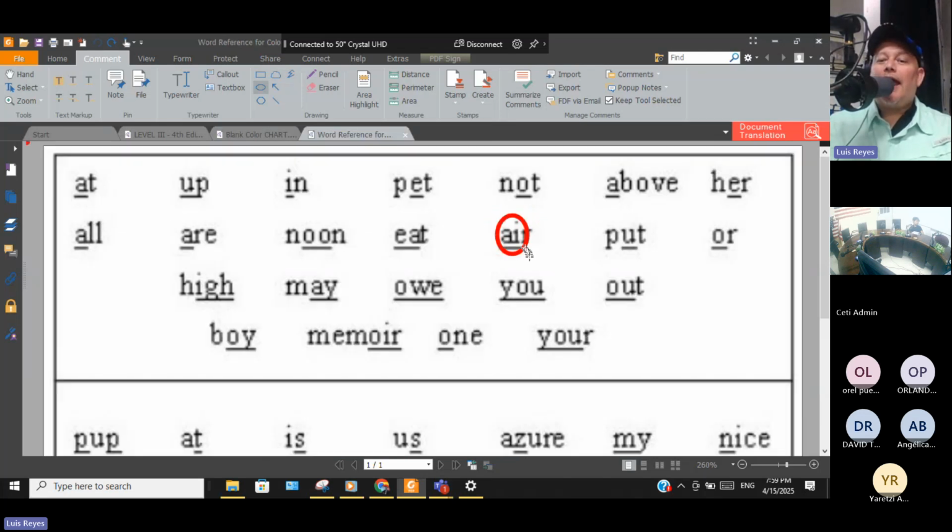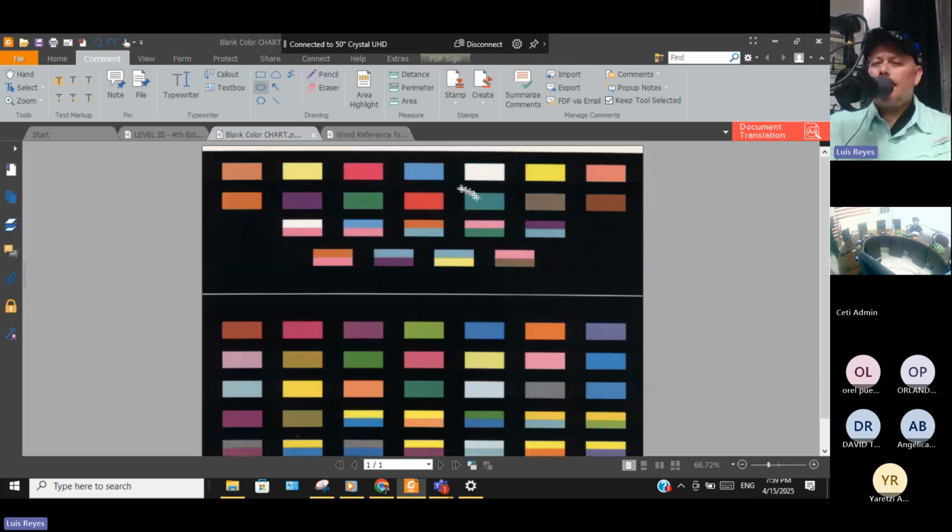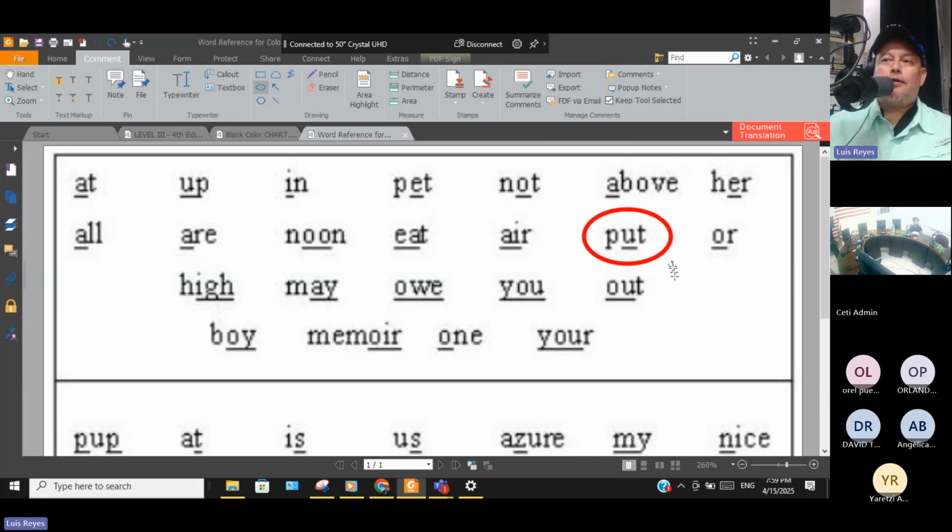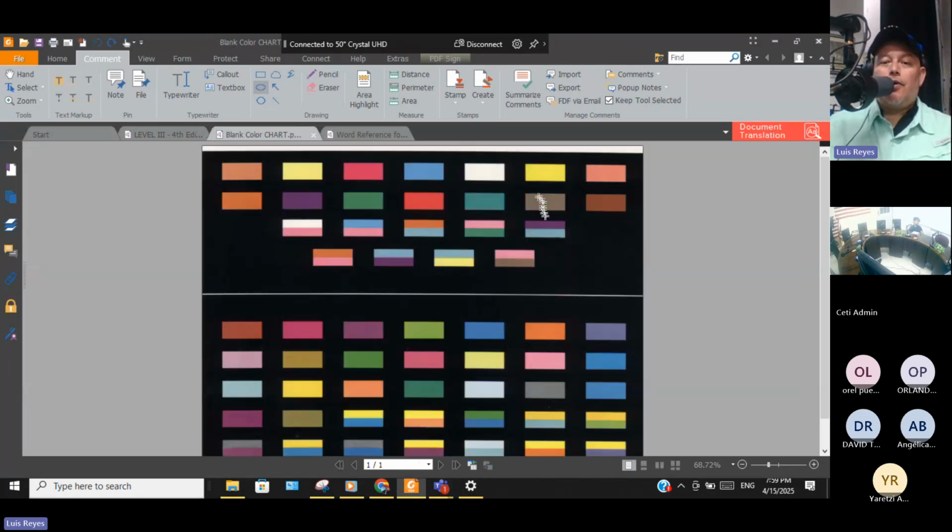Air, A-I-R, A on the color chart. Put, oo, P-U-T, oo on the color chart.